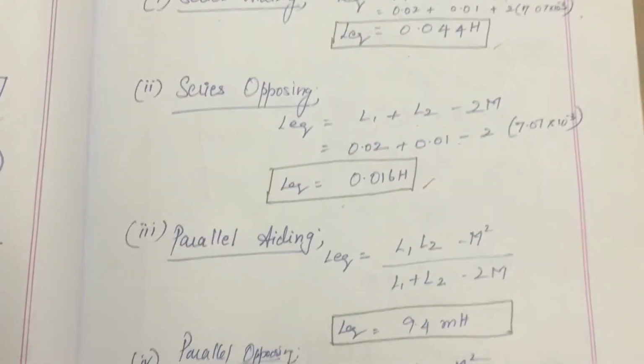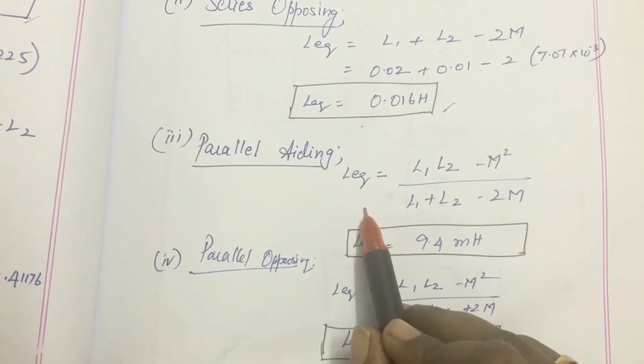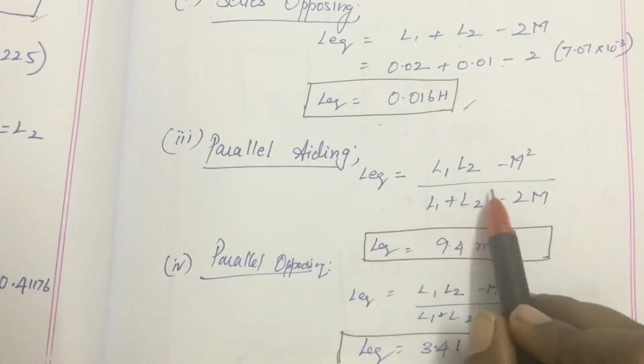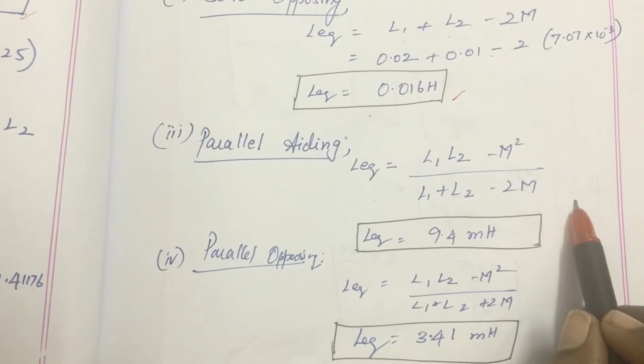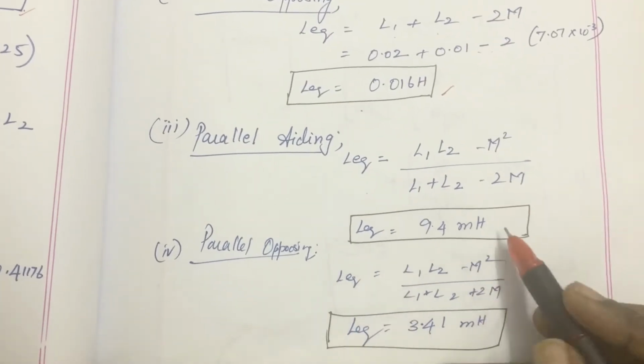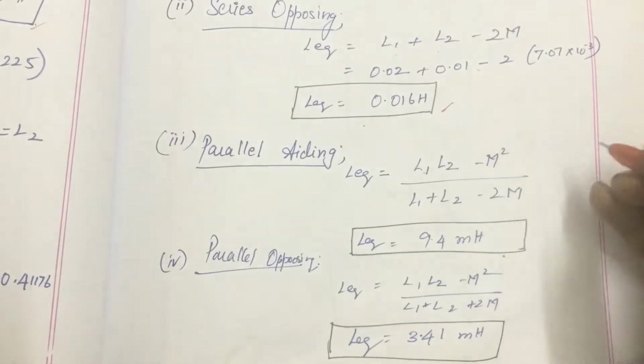For parallel aiding, the formula for LEQ is L1 L2 minus M square divided by L1 plus L2 minus 2M. I have to substitute my values like this.